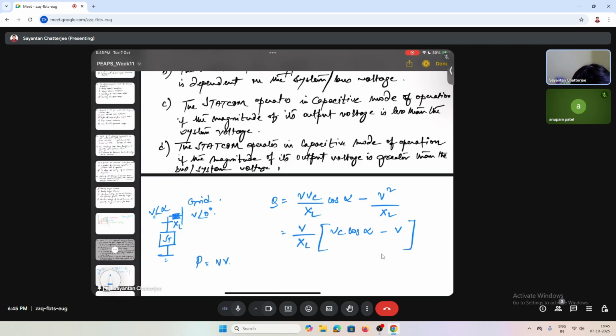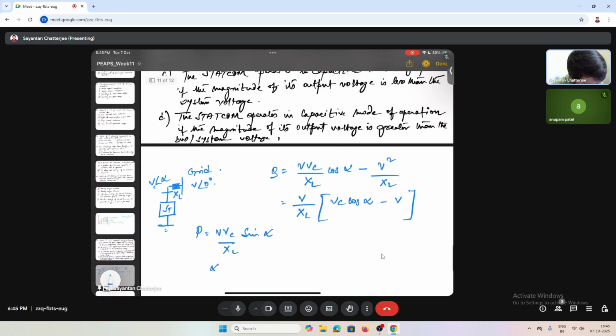P is V Vc sine alpha by XL. In each of these cases our aim is that alpha should be zero. If alpha is zero, then real power flow is equal to zero, so real power flow will be blocked.